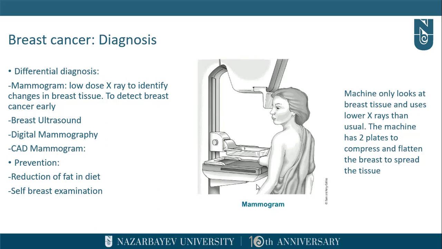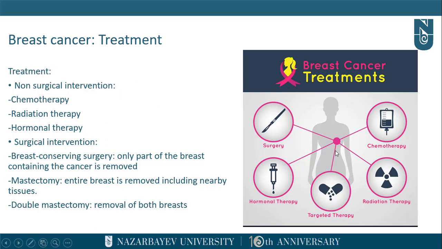And how we can prevent this type of cancer is to watch what we eat, to watch our diet, and to have regular checkups for mammography. We can treat breast cancer by either surgical or non-surgical treatment.